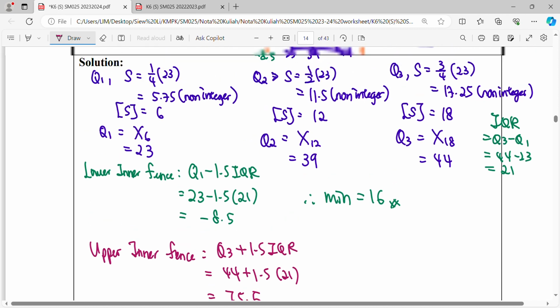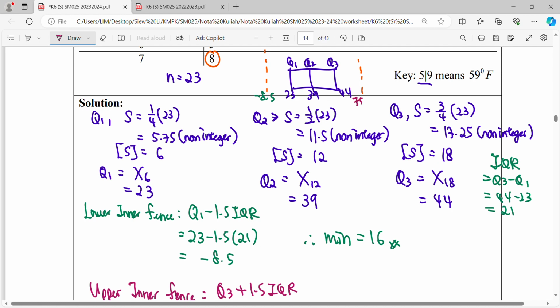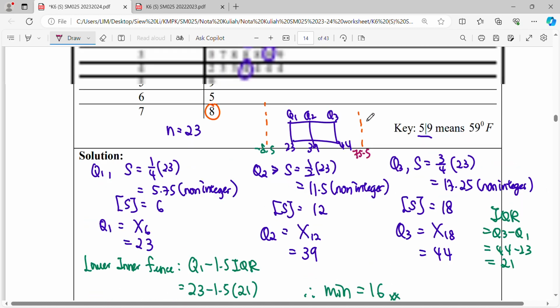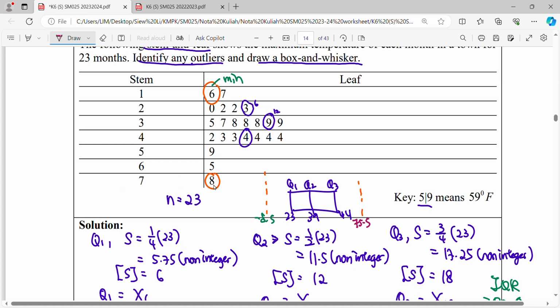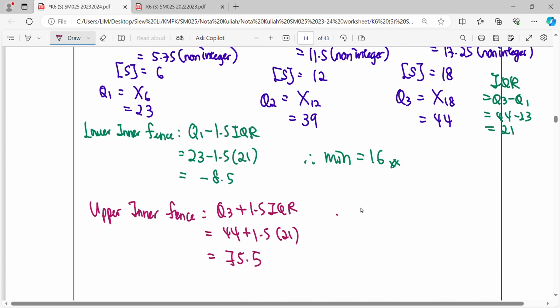So your upper inner fence is 75.5. Look at your data. The biggest value is 78. So it is already higher than our fence, which means this data is an outlier. Then we look at the second highest, 65. Is 65 beyond the fence? No. So from here we identify the maximum data as 65. Then we have one outlier, which is the value 78.